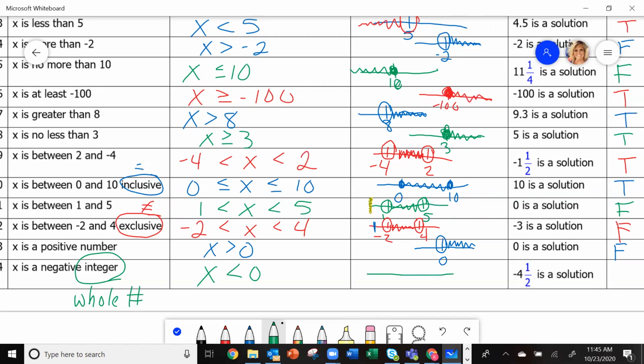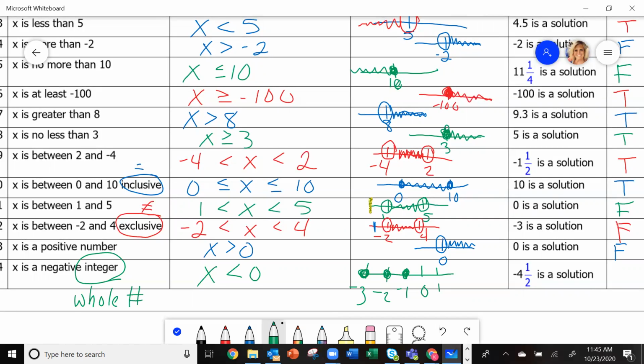But this time, I've got 0, -1, -2, and -3. What numbers are less than 0? Whole numbers. So I would put a dot at -1, -2, and -3. When it says integer, they're talking about whole numbers.